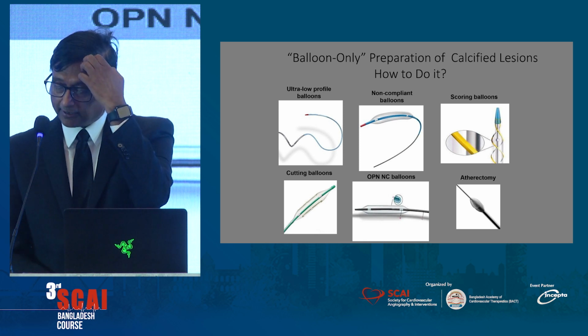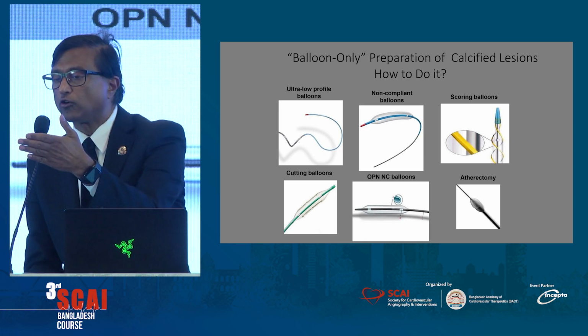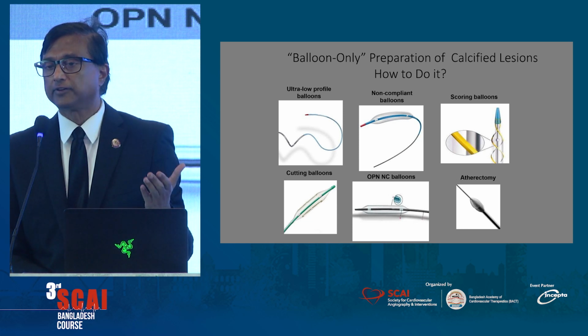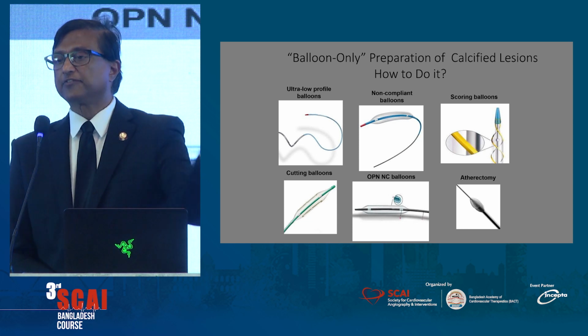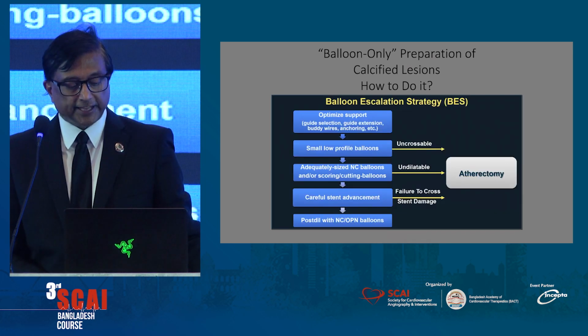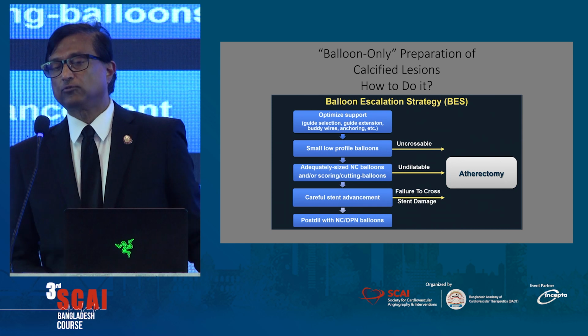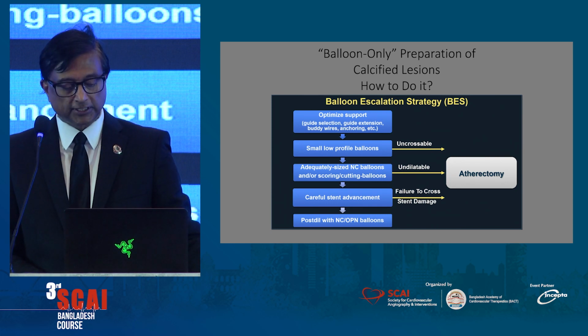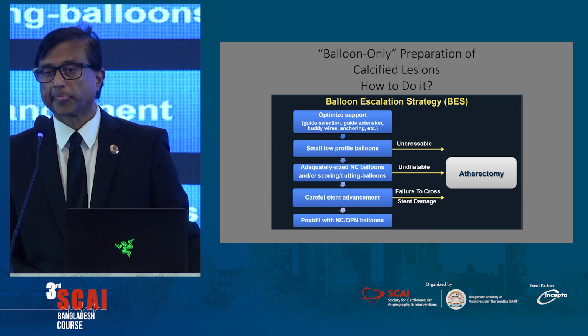And you will hear later that if the wire goes and the balloon does not go, then all bets are off. Then we'll have to make a different strategy. But if the balloon goes, then we can see whether the balloon is optimally inflated. If not, then we'll have to escalate.